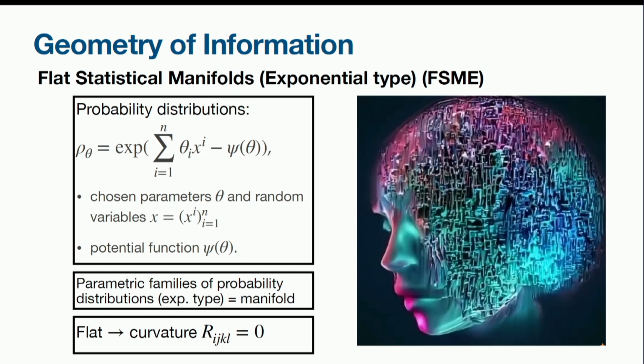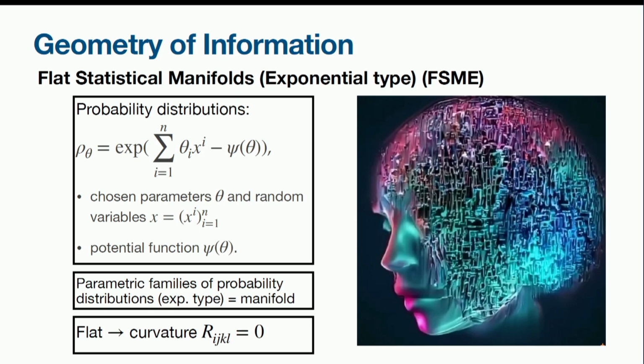All right, so now we can attack the central object that I want to discuss. So flat statistical manifolds of a given type, exponential here. What does it mean? It means, in fact, that probability distributions can always be rewritten in that shape, okay, exponential of the sum of theta_i xi_i minus a given potential function. So it's incredibly important here.